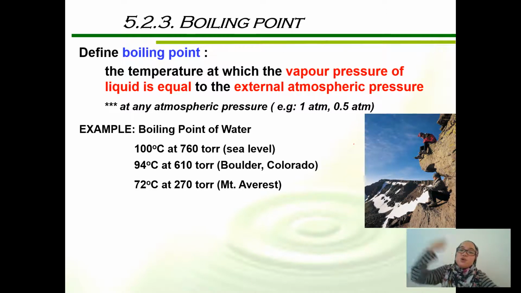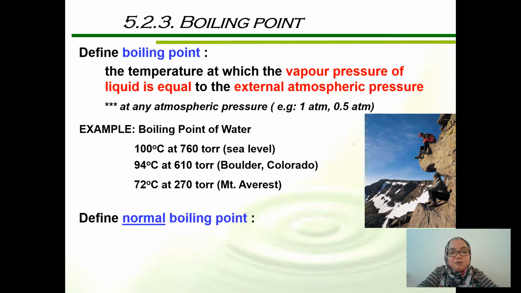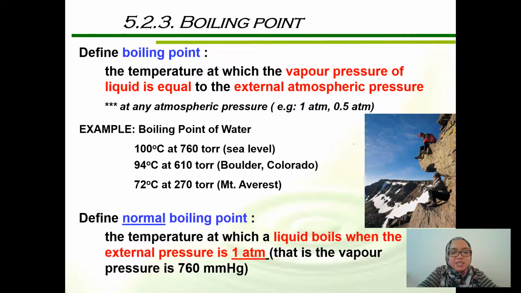So when you going up onto the mountain, on the Mount Everest, you want to boil water, your water can be boiled at 72 degrees Celsius. Okay. Alright, so define normal boiling point. So normal boiling point is the temperature at which a liquid boils when the external pressure is 1 atm. That is the vapor pressure is at 660 mmHg.